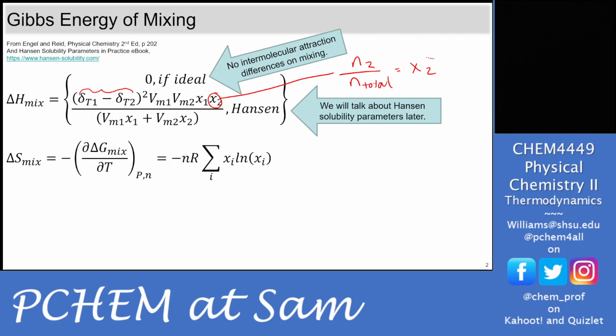All of these are going to be less than 1, right? Because if you've got a mixture, you've got some fraction of substance A and some fraction of substance B, or substance 1 and 2. And so all of these numbers here are less than 1, which means all of the natural logs are negative, less than 0. And so the negative natural logs, we add all of those up, that cancels this negative sign. So the entropy of mixing is always positive.